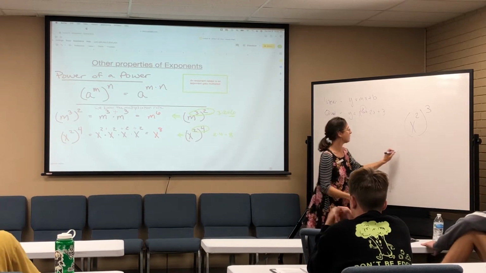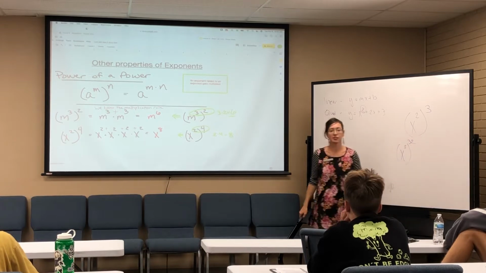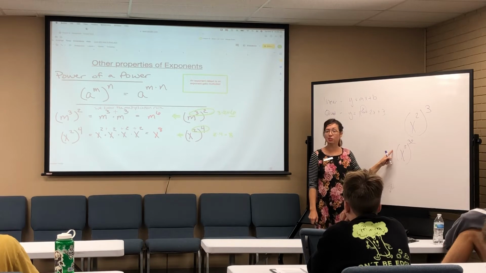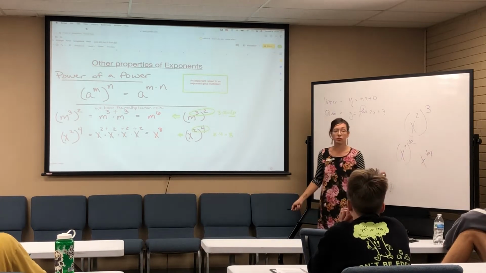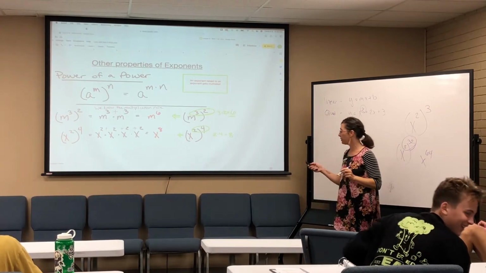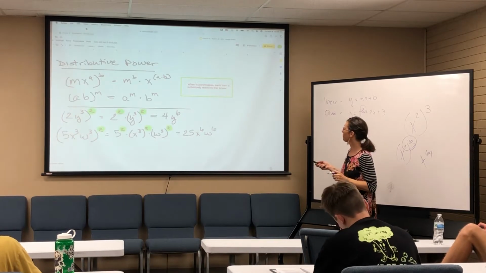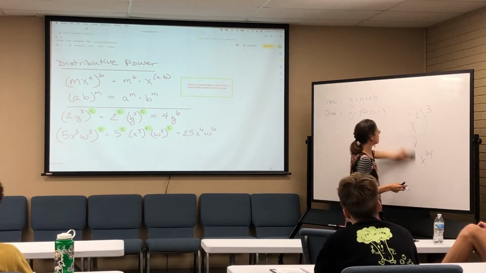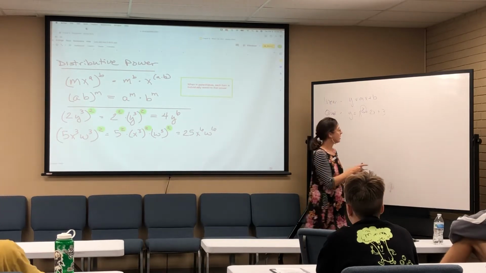Because if I were to have x squared to the 32nd, do I want to write this out 32 times and add 32 2's together? No, I can just say it's x to the 64th. We're just going to multiply them. So anything that's raised to a power will multiply. Questions? No one? Okay.